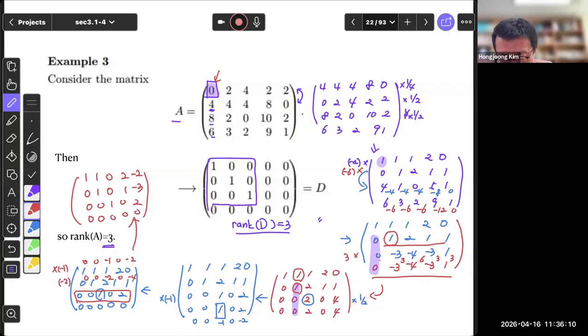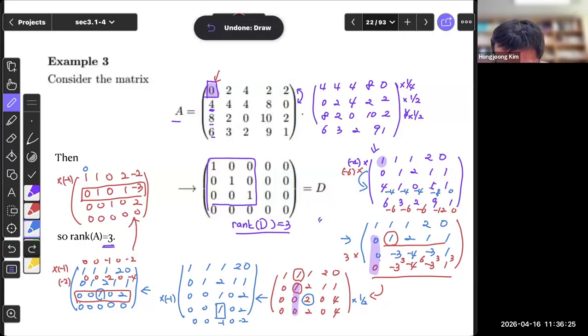And then using this, if I multiply negative 1 to the second row entries, then you get 0, 0, 0, 0, 0, negative 1, 0, negative 1, plus the 3.